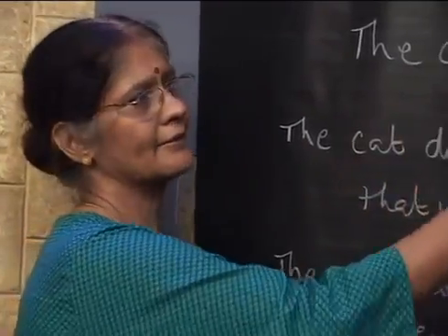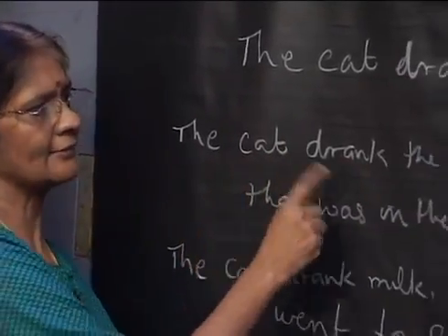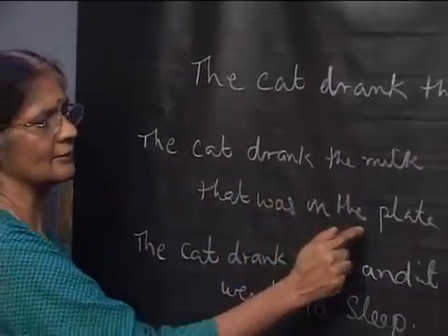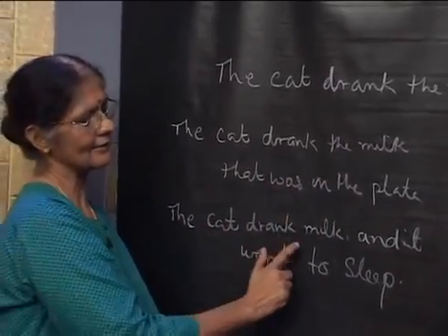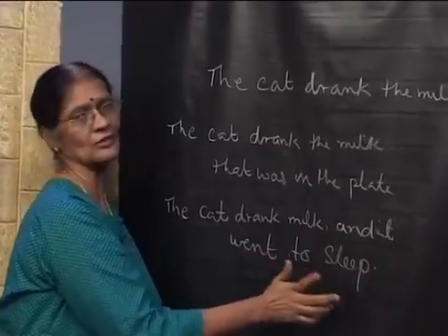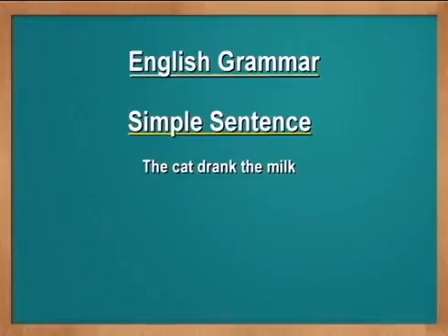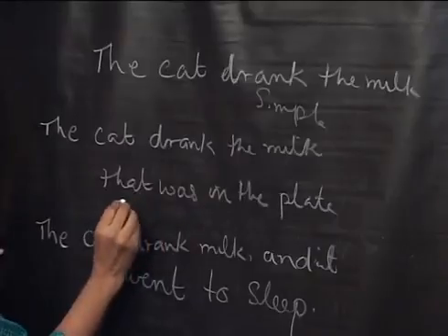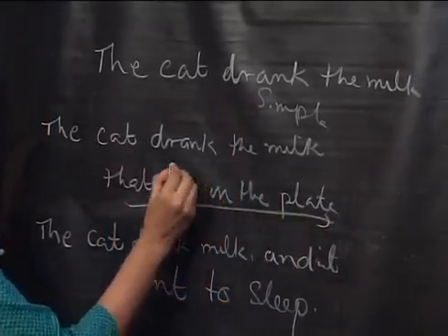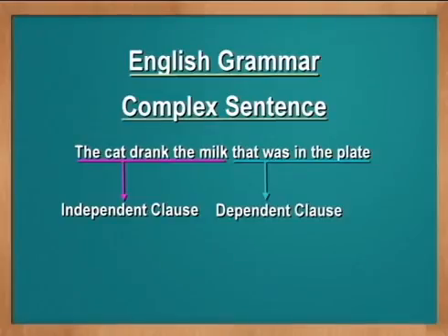I will give you one more example. The cat drank the milk. The cat drank the milk that was in the plate. The cat drank the milk and it went to sleep. So here "the cat drank the milk" is a simple sentence. "The cat drank the milk that was in the plate" is a complex sentence because it has an independent clause and a dependent clause.